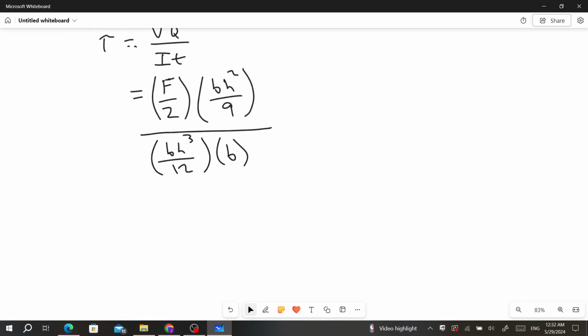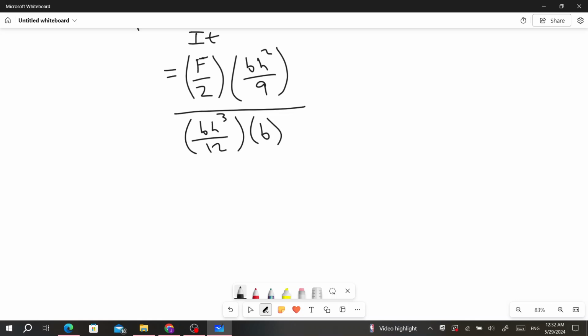At this point, we just simplify our algebra, and we'll end up with our shear stress at point A. After we simplify the above fraction, the shear stress at A is equal to 2/3 F over bh.